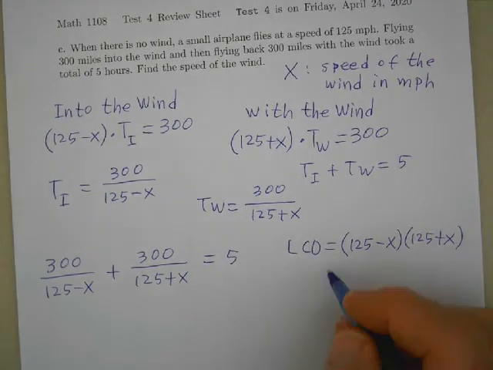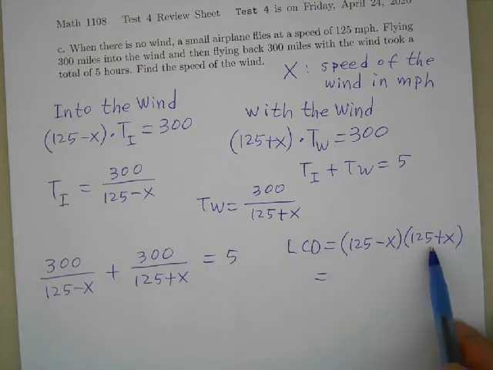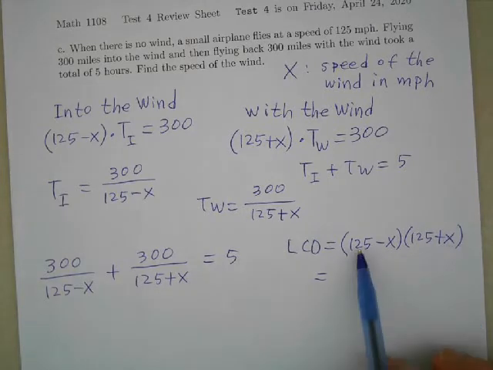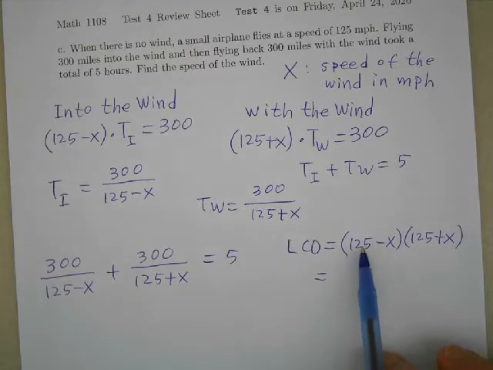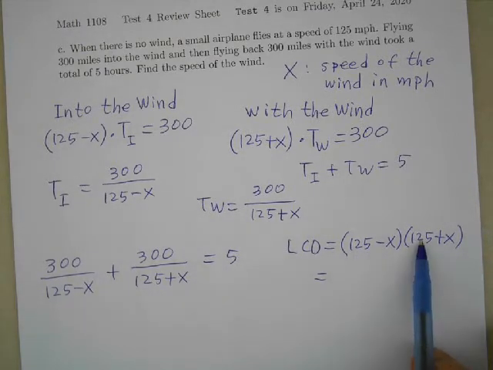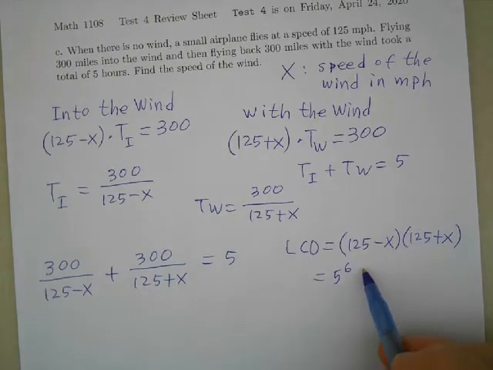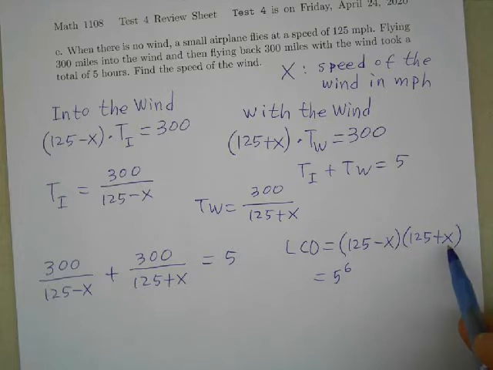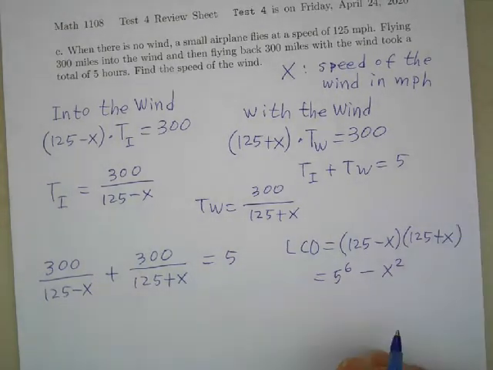So if you'll note that when you multiply 125 minus x times 125 plus x, the first term, 125 times 125, well, 125 is 5 to the third, and 5 to the third times 5 to the third is 5 to the sixth. And then when we add 125 times x and then subtract 125 times x, those terms cancel each other out, so we're just left with minus x squared.